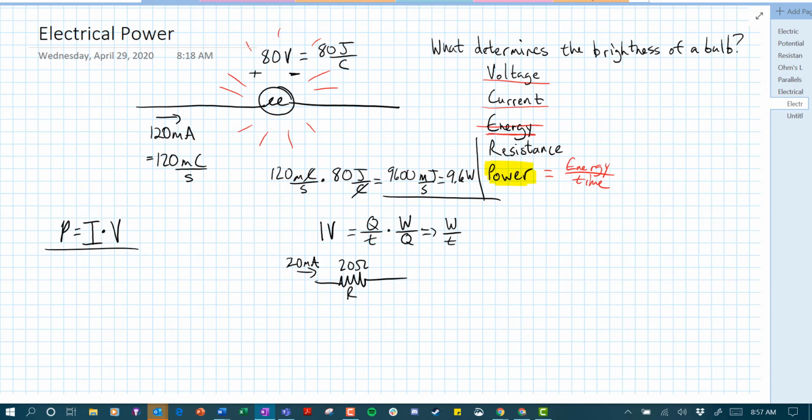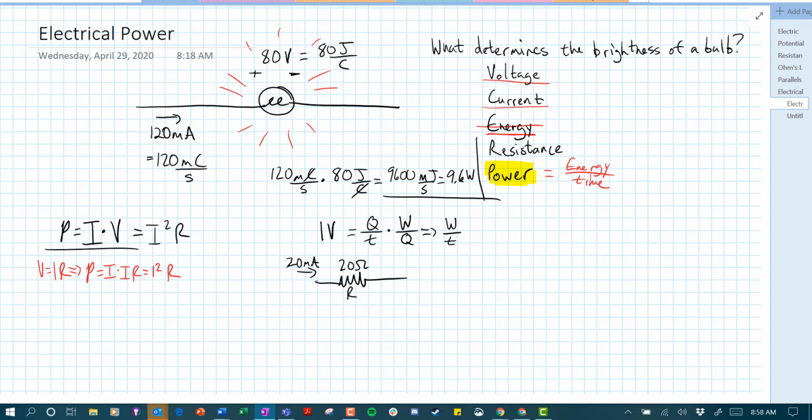We know that V equals IR, so if we substitute V into the power equation, we get power is equal to I times IR, which is just I squared R. So that gives us another expression for power. Power is I squared times resistance, and we can calculate power if we don't have the voltage.